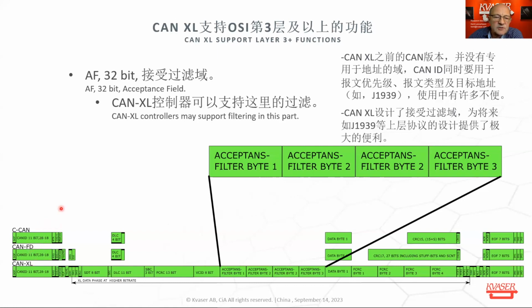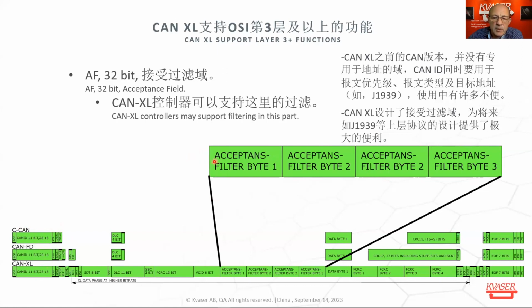And that filtration combined with selecting good priority is complex. So the intention now is to keep those 11 bits for priority only, and the filtration will be down here.